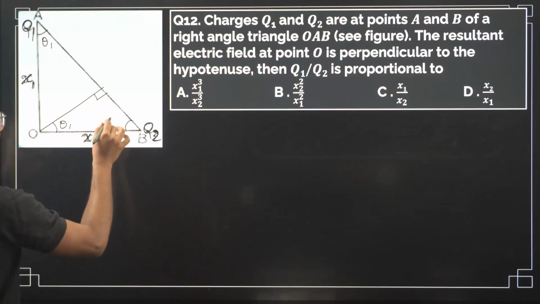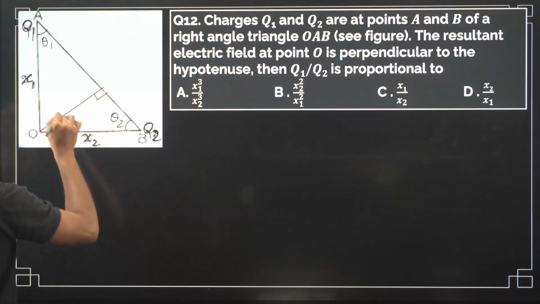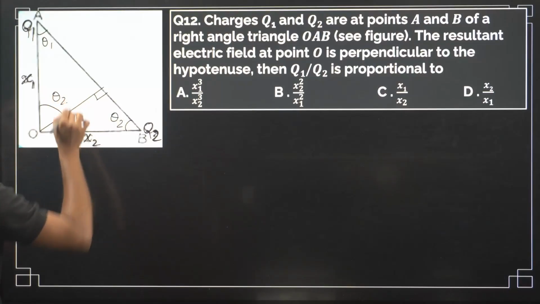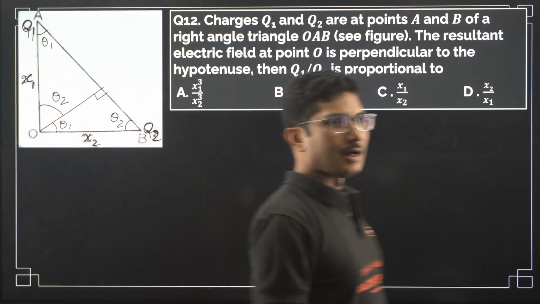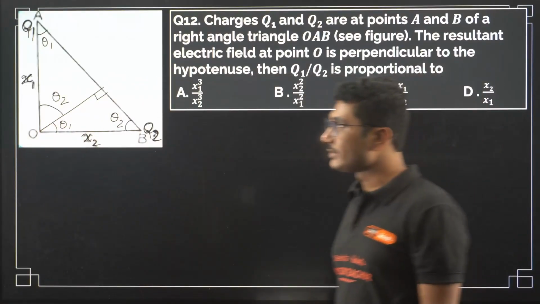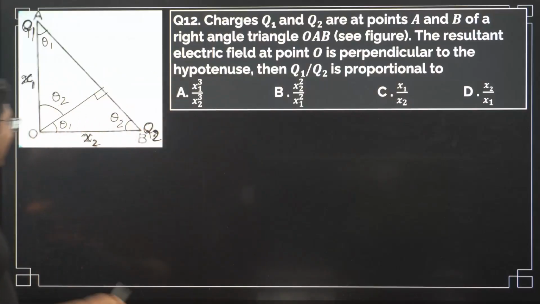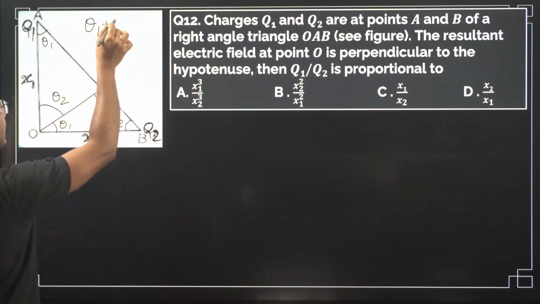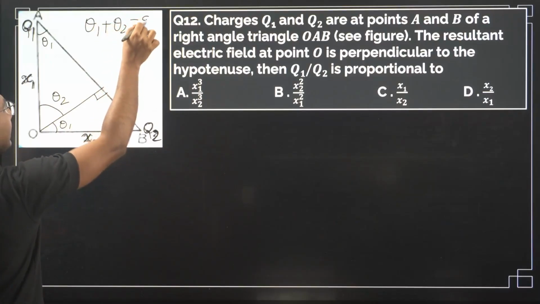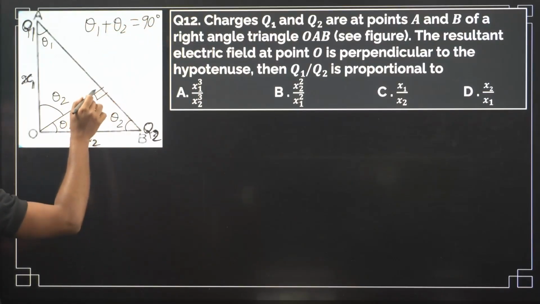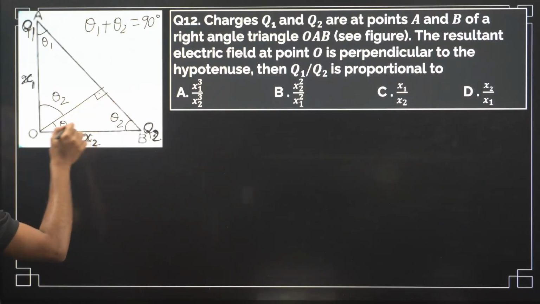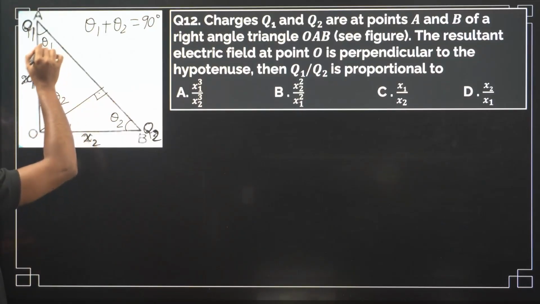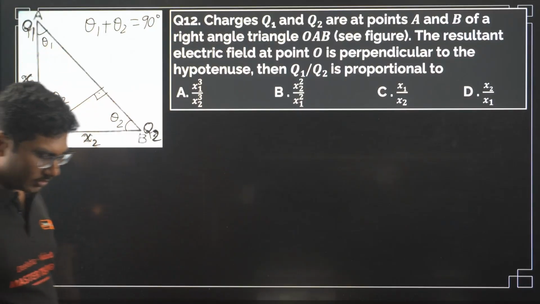If this angle is say theta 2, this angle will also be theta 2. These are the basic geometry for a right angle triangle. These two angles should always add up to 90 degrees. So theta 1 plus theta 2 will be 90 degrees, and this angle is 90 degrees. That means if this is theta 2, this will be theta 1. If this is theta 1, this will be theta 2.